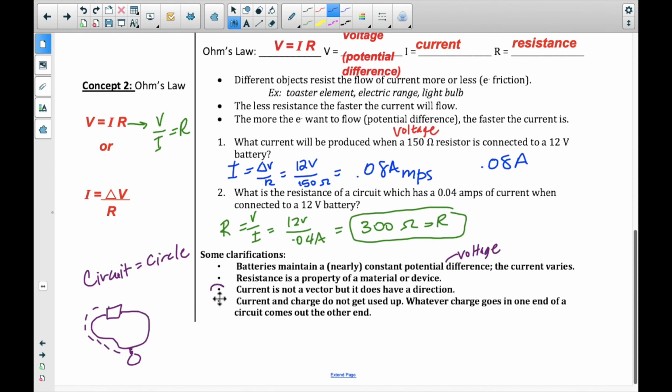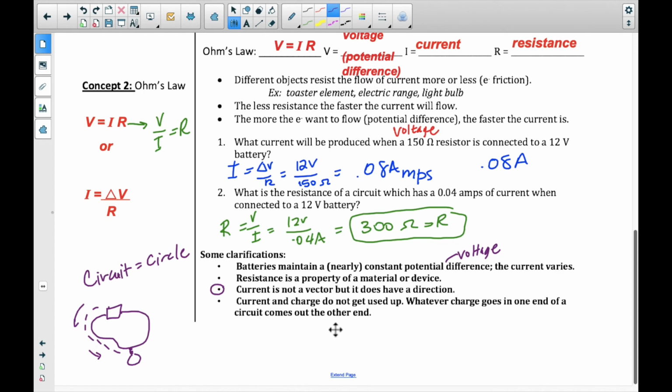Current is not a vector, but it does have a direction. It's going to tell us which direction those electrons are flowing. Just keep in mind current does have a direction, very much like water. If you think about the lazy river at the Matt Ross, it has a direction to it.